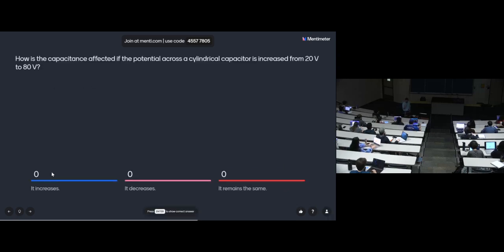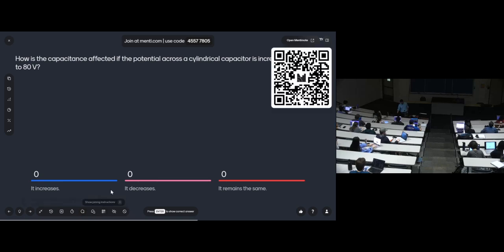How is the capacitance affected if the potential across a cylindrical capacitor is increased from 20 to 80 volts? How is the capacitance affected?